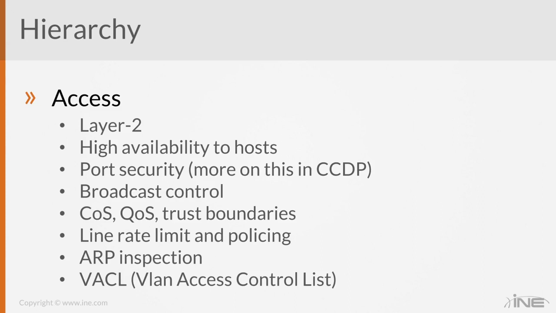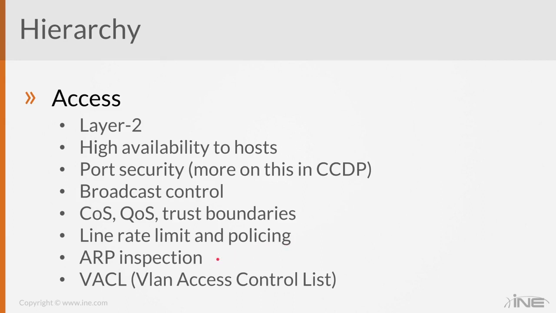So this is where you would do it, and this is where you would mark and create trust boundaries for your QoS. Line rate limits, yes, you can impose a limit on the port. This is where you would do it. And policing, well, you could even make it so that it drops the traffic. This could be toward a threshold, could be toward a destination.